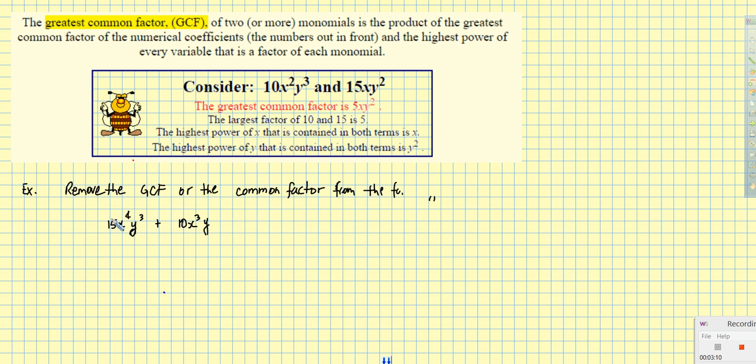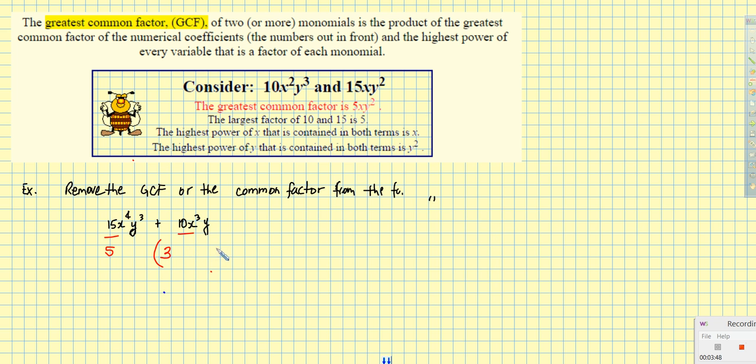So I've got a 15 here, I've got a 10 over here, so the largest number that I can remove from both of them is a 5. Now, if I open up a parentheses, I would be basically saying 15 divided by 5 will give me a 3, and 10 divided by 5 will give me a 2. Now there's a plus in between all of that.